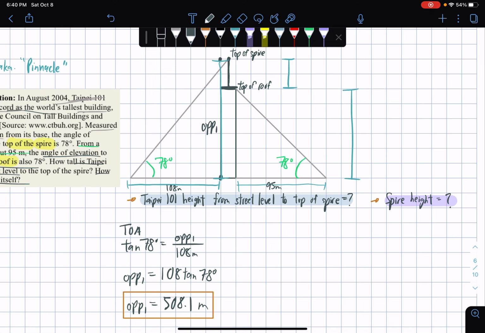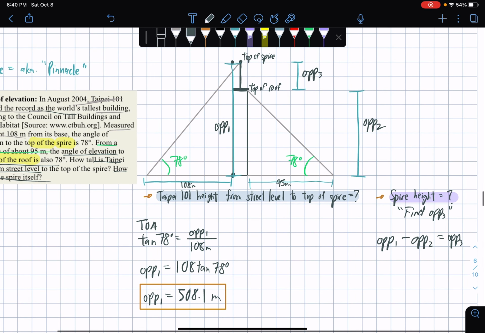So let's say this is opposite 2, and what we're looking for in the second question is opposite 3. So opposite 1 minus opposite 2 is equal to opposite 3. There you go. We have to solve for opposite 2, of course. We already know the value of opposite 1, which is the answer in the first question. You just have to find opposite 2.